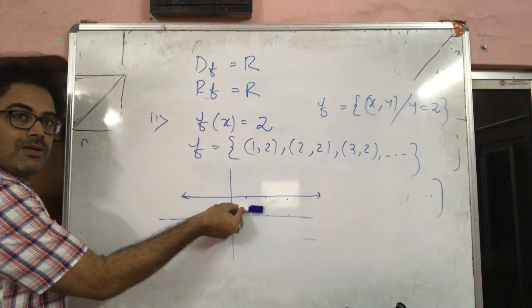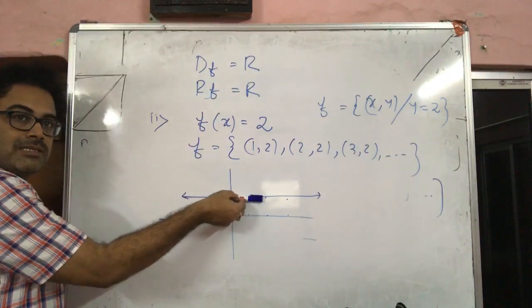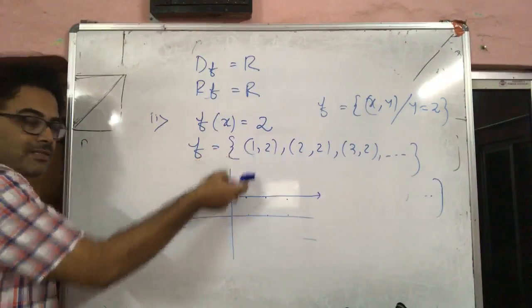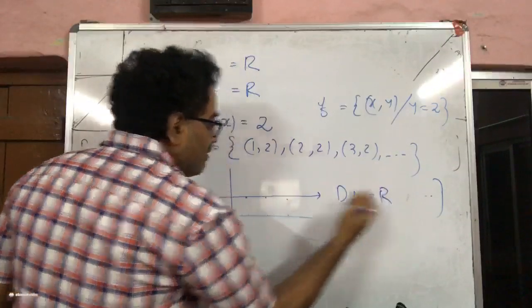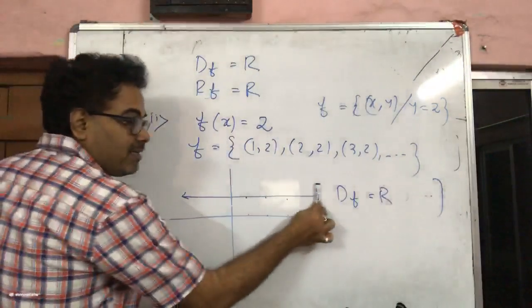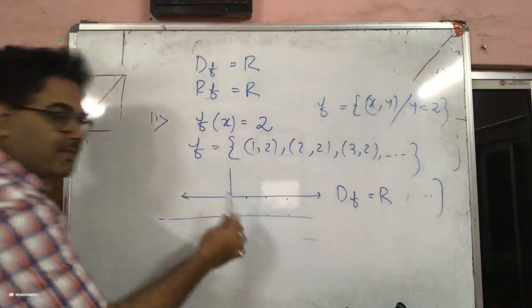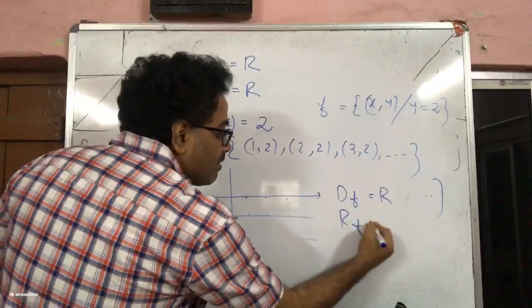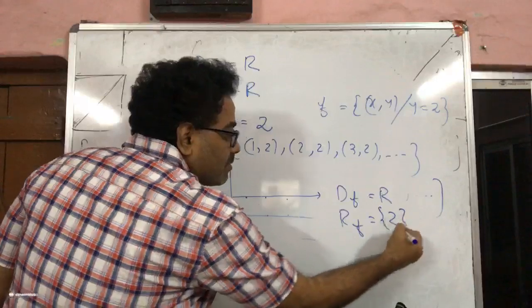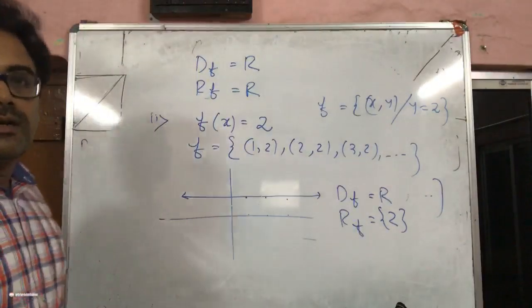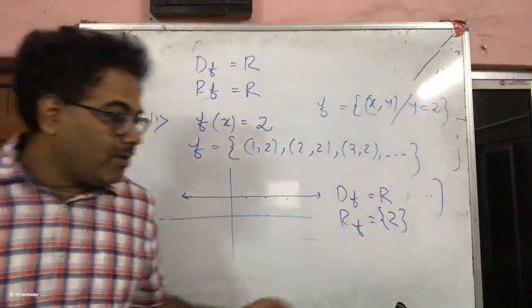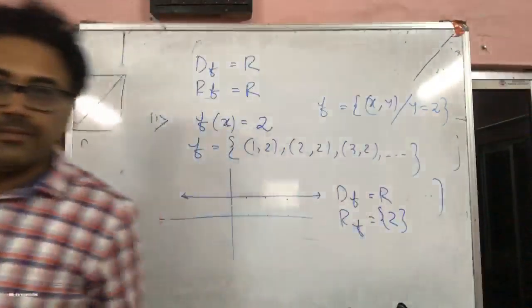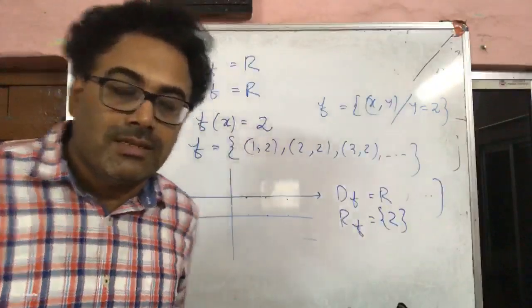Still no touch. Now here is the only touch. So domain is all real numbers, because all values of x are allowed from left to right, minus infinity to plus infinity, and range is only the set {2}. Only 2. Clear? This is called constant function.